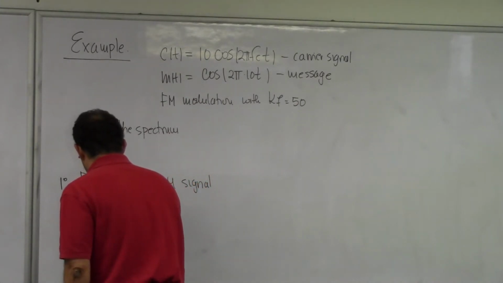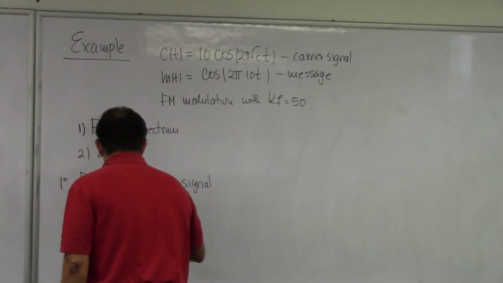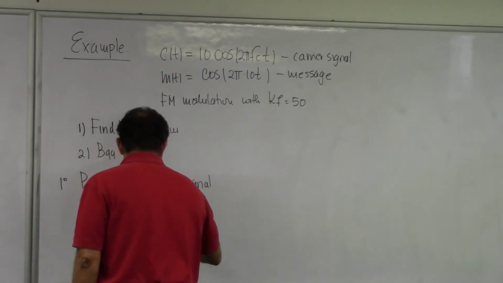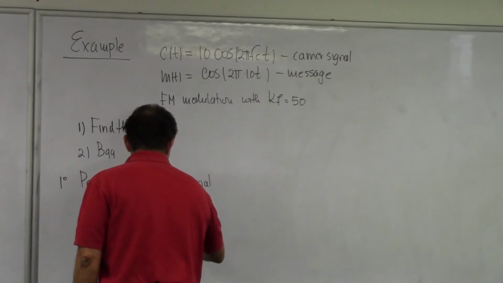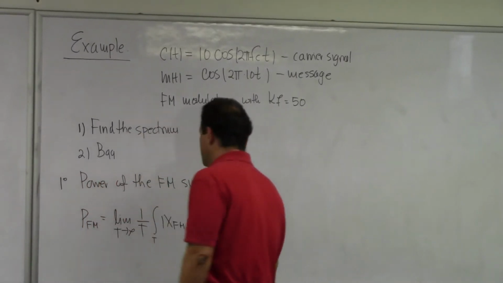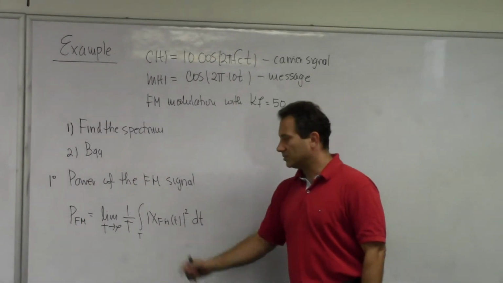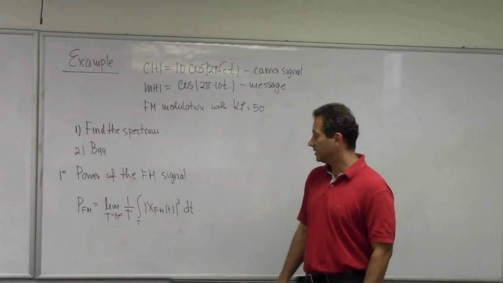Power of FM is going to be the limit when t goes to infinity, 1 over t, integral over t, magnitude of x FM squared dt. That's a general definition of power. I'm just adopting it here by saying, let's assume this x here is the FM modulated signal.